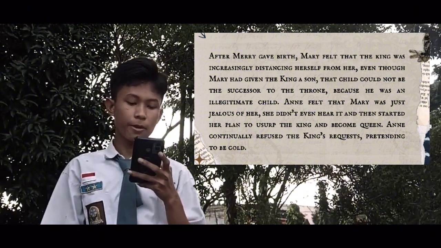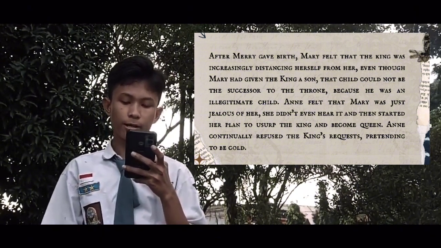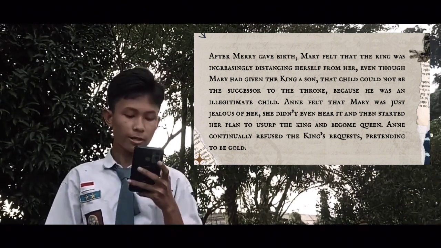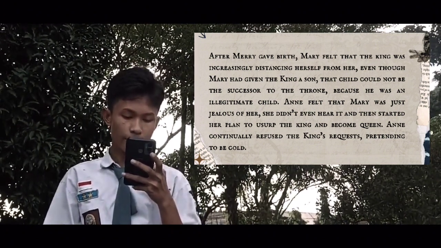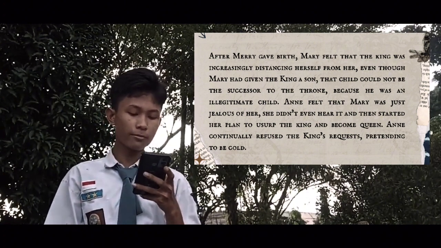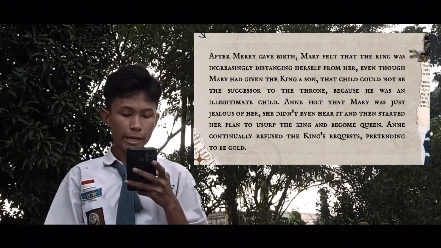Anne felt that Mary was just jealous of her. She did not even listen, and then started her plan to usurp the king and become queen.